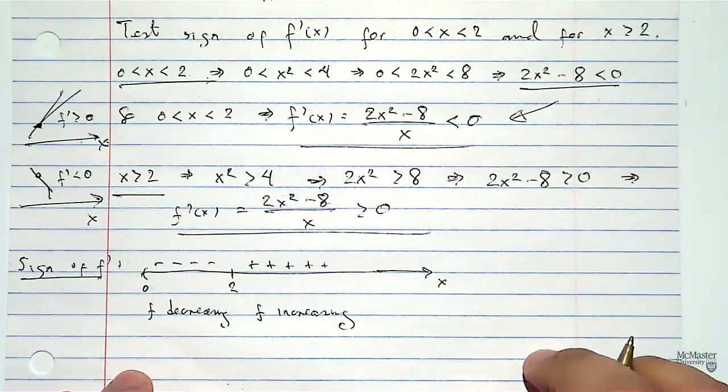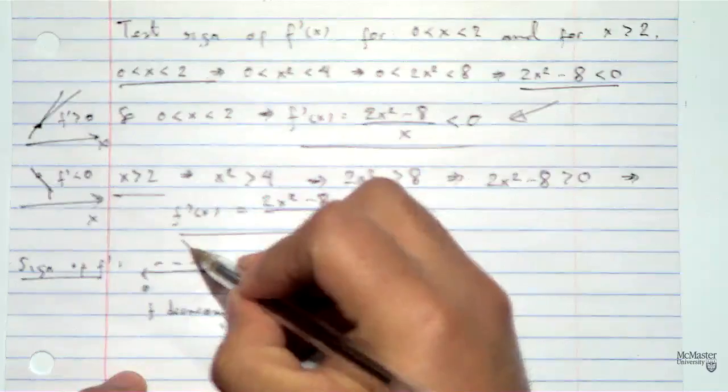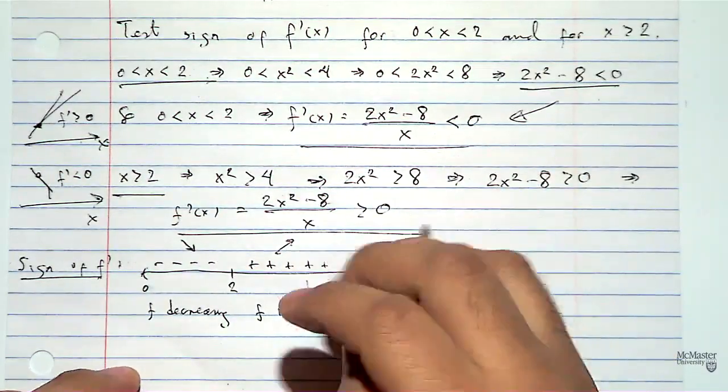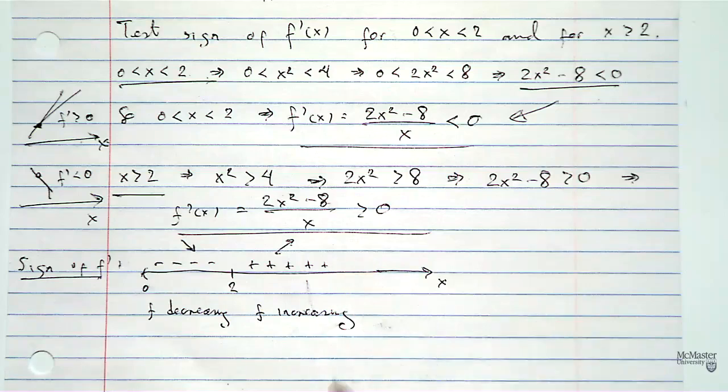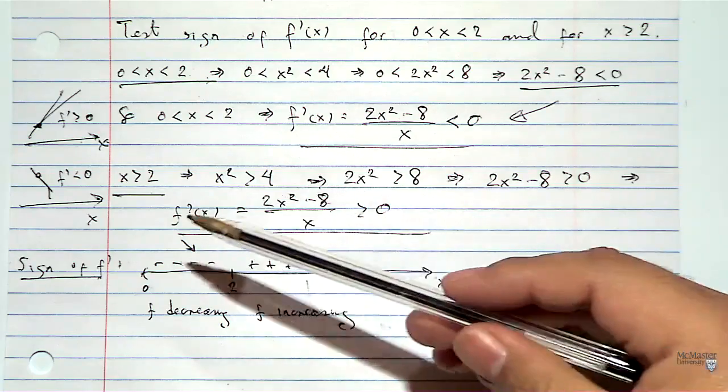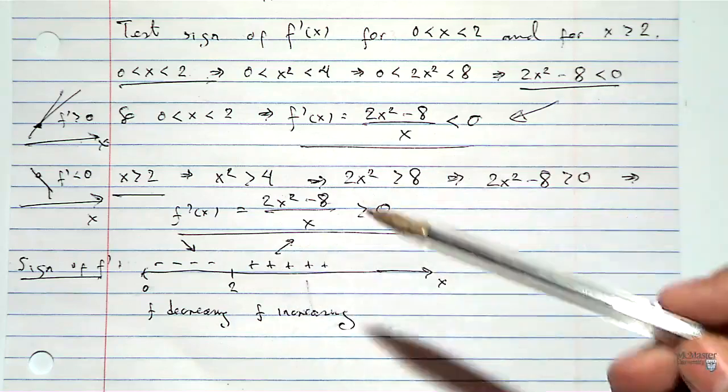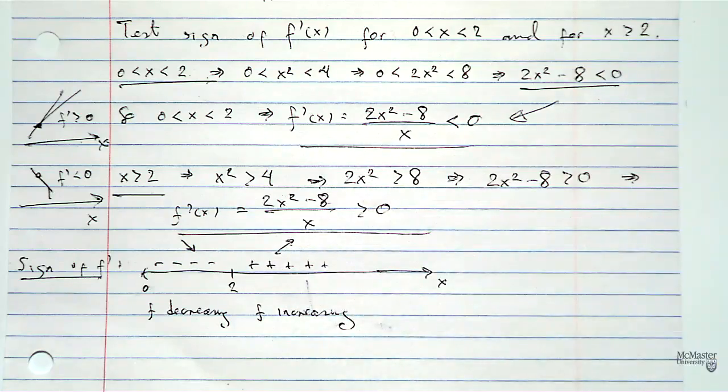So if I were to make an adventurous guess on how the plot looks, well, here it decreases, here it increases. And so you can see how we will have a minimum in this case, right? The function is decreasing over here, and then it's increasing over here. It has to do something like that. So clearly the minimum is at the critical point.